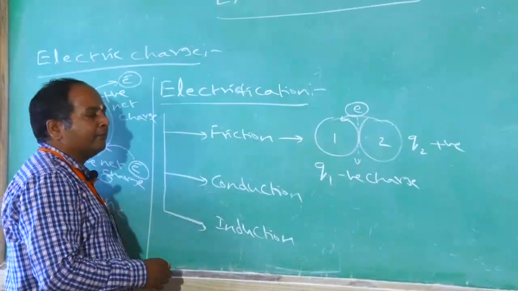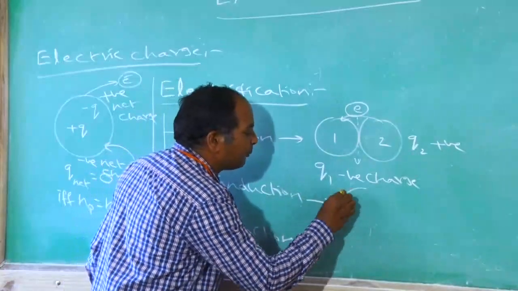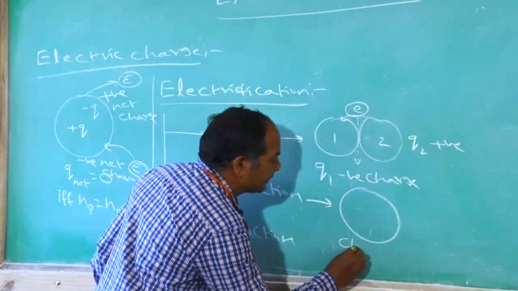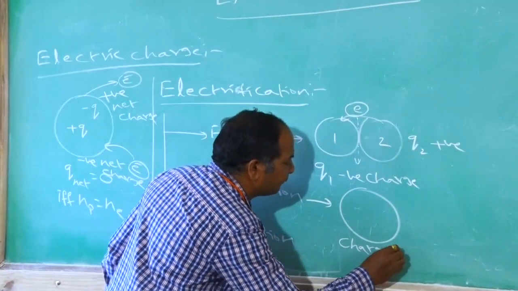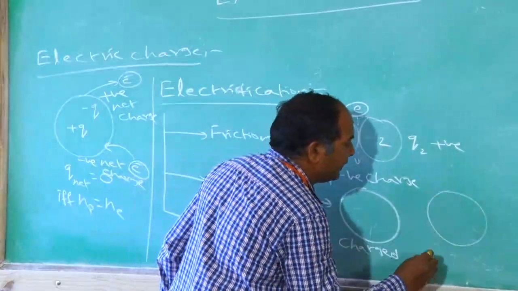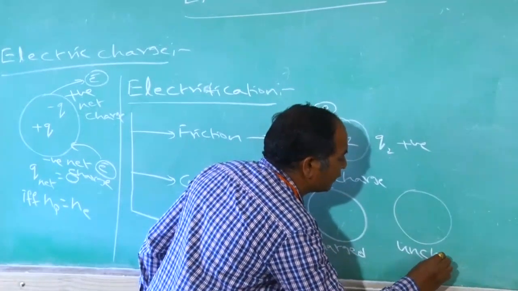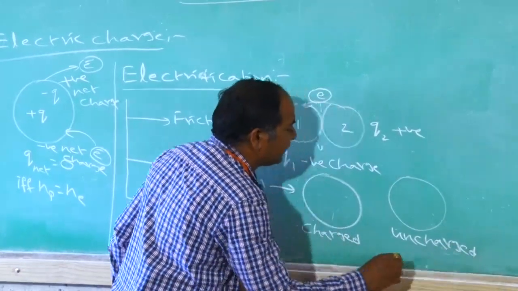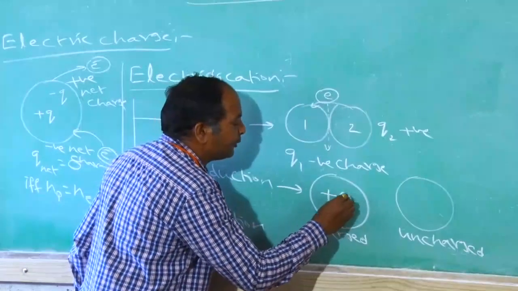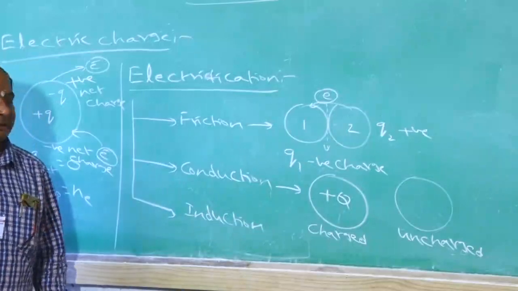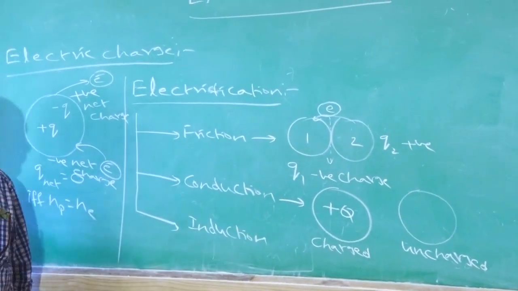Here, conduction means what? Suppose one body is considered as a charged body and another body is considered as an uncharged body. I am considering the first one has plus Q charge initially and the second one is an uncharged body.